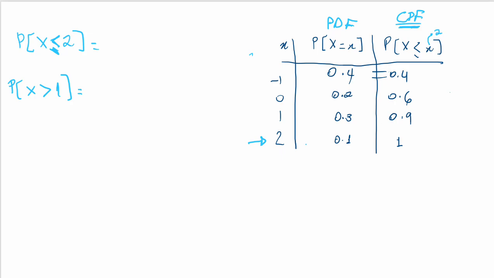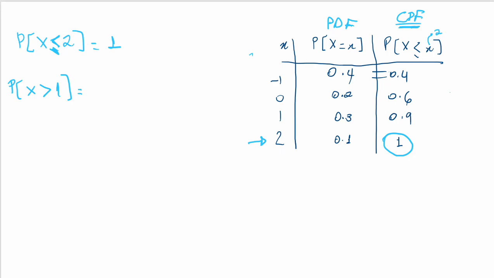Okay, so then I just retrieve from the table. Which one? This one, right? This is exactly the probability of X being less or equal to 2, okay? So the answer is 1. I just retrieved it easily from the table, okay?